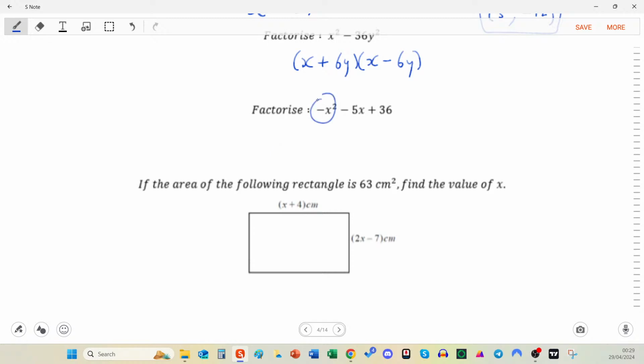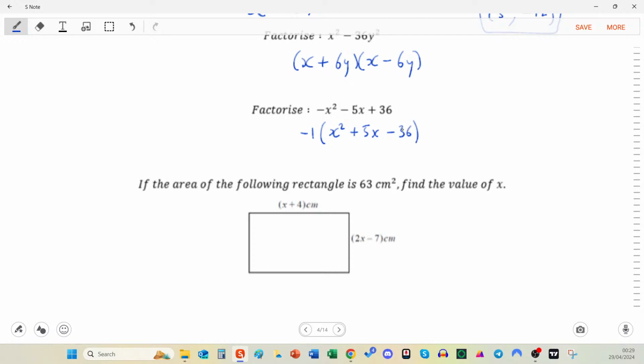The next one is where we have a negative in front of the x squared. It's really not something you want to deal with. Get that out the front. Okay, so negative 1 can come out, making the rest of your quadratic positive or negative. It switches the signs. And negative 1 becomes a factor, so you're on your way. Now we need to factorize this thing.